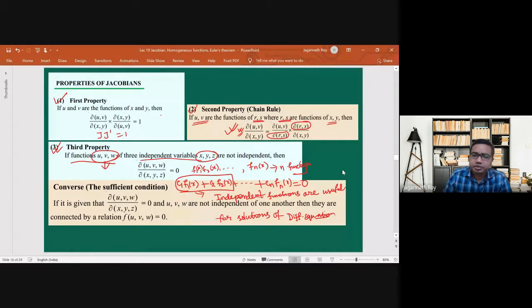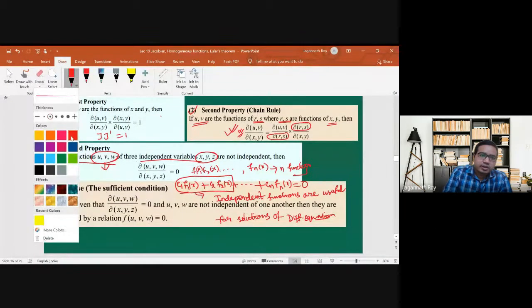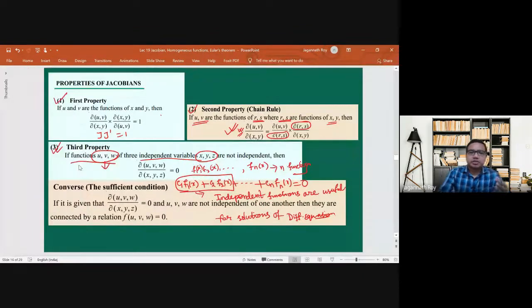Whether it is ODE or PDE does not matter. In order to find the solution of a differential equation, for example, d2y by dx2 equals a given function of x and y, the solution should be y equals y1(x).